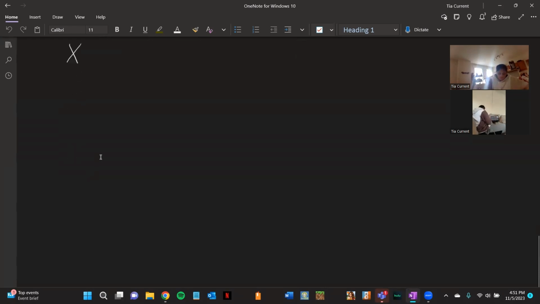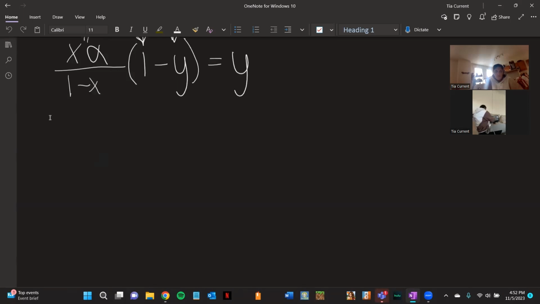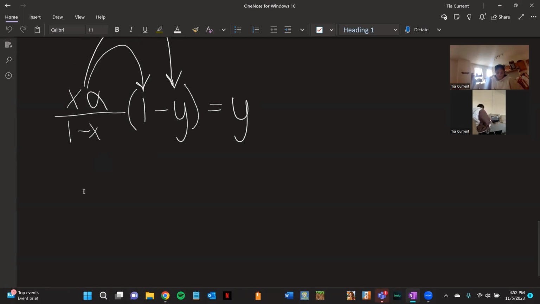Okay, good. So x alpha over 1 minus x. And then we have 1 minus y is equal to y. And so what we're going to do is multiply this into the parentheses, and we're going to get x alpha 1 minus x.